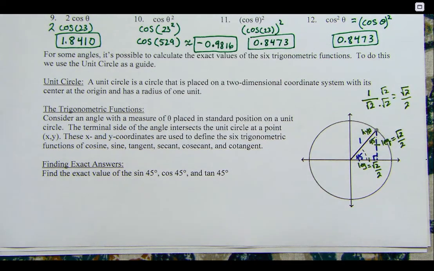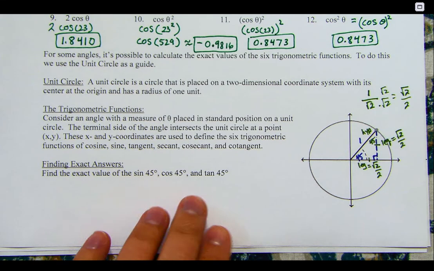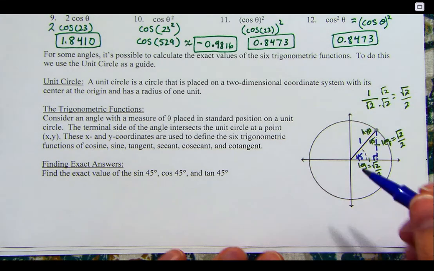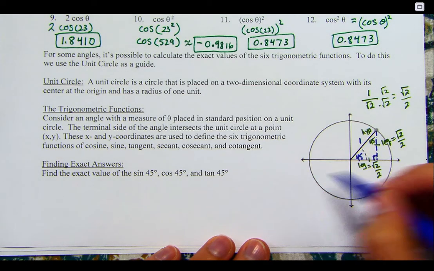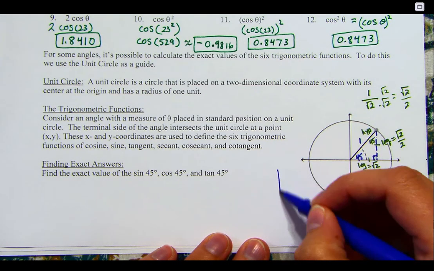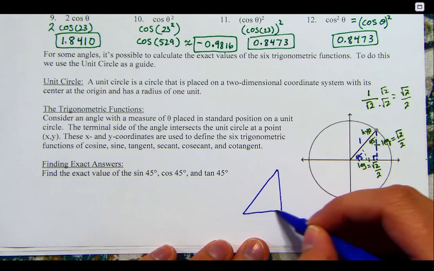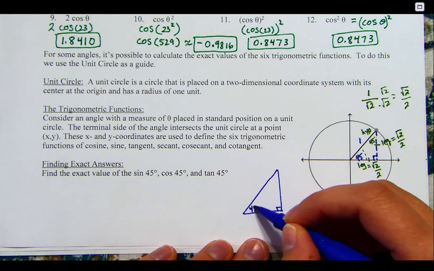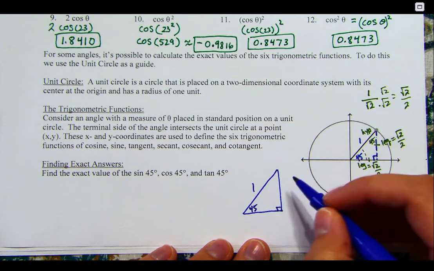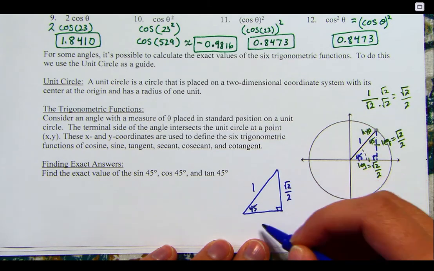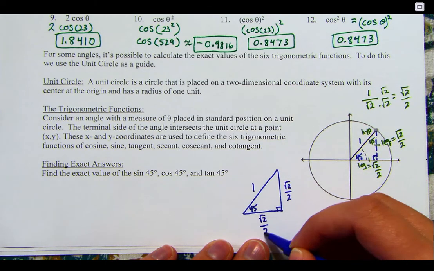Okay. Now, if you need to, you can take that triangle and make it a little bit bigger and draw it on the outside if you want when we start doing this part. So if you wanted to do that, I'm going to put in that same position. So we're just going to draw a right triangle. So 45, 45, 90 still. This was 1. This is the square root of 2 over 2, and this is square root of 2 over 2.